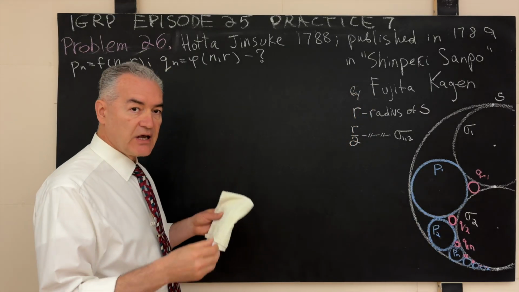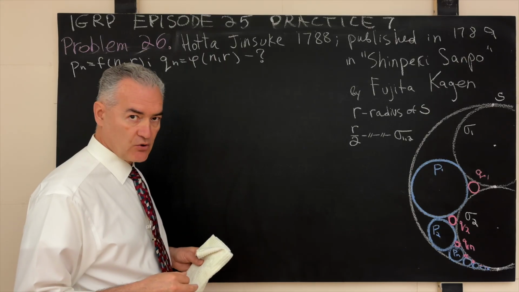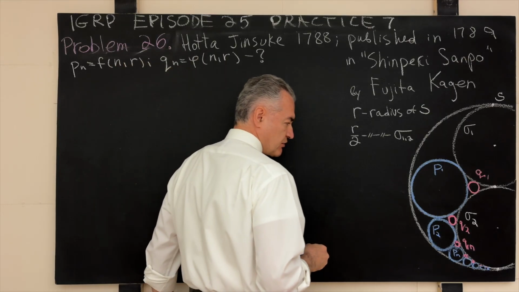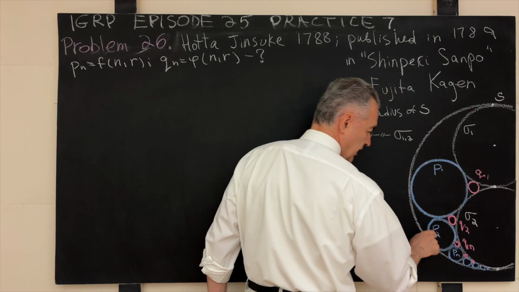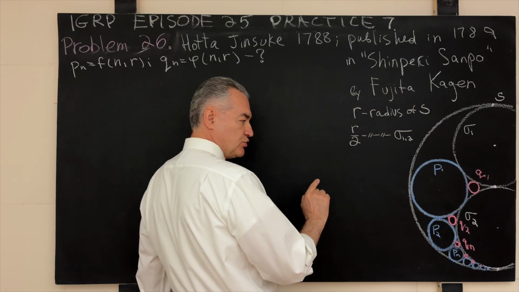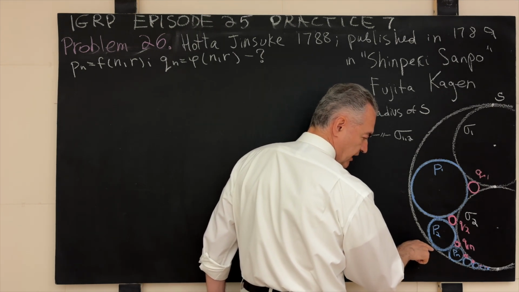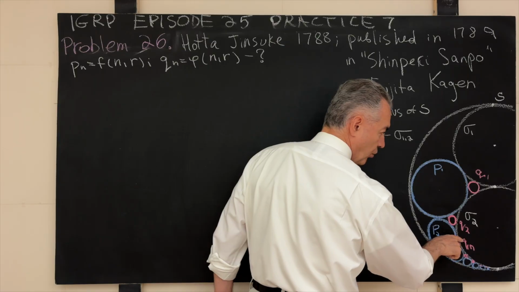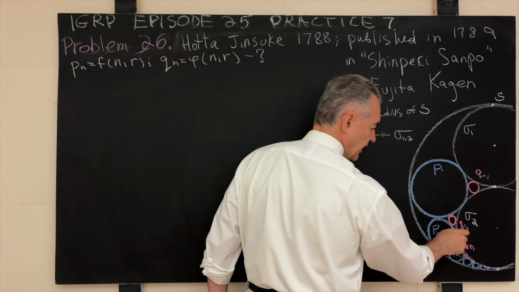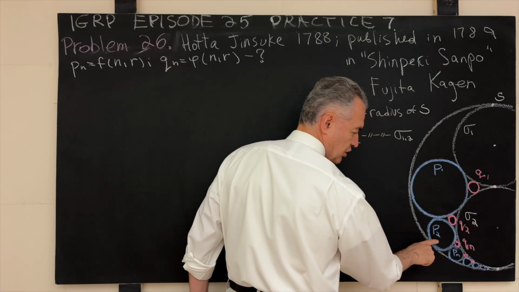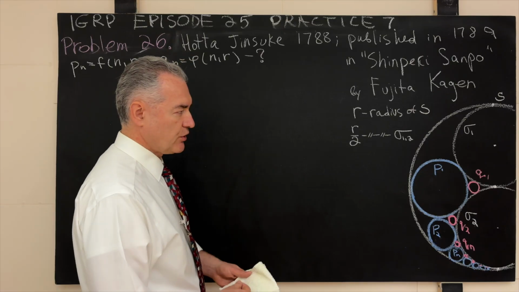All the consequent circles of the blue family of P circles are inscribed in such a way that the next blue circle touches the previous blue circle and then touches the outer generating circle S internally, while touching one of the smaller generating circles externally right here. This circle shown over here, I marked it as P2, and you see what is going on.